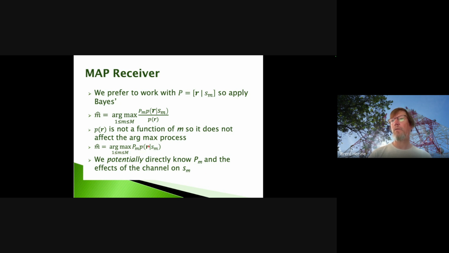And then we also can estimate or predict the effects of the channel on SM, right? So if we know how far away it is, we know our antenna gains, that type of thing, we can calculate the amount of signal loss that we're going to have using applied electromagnetic fields.